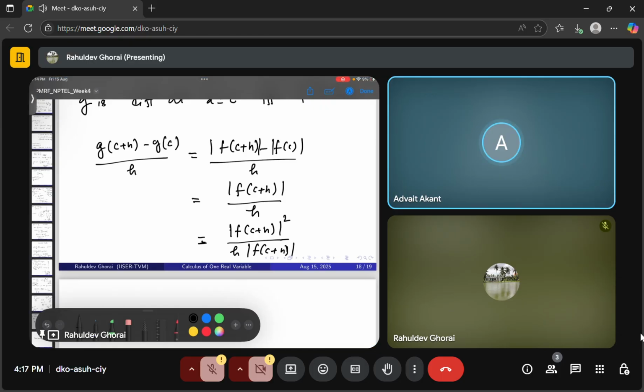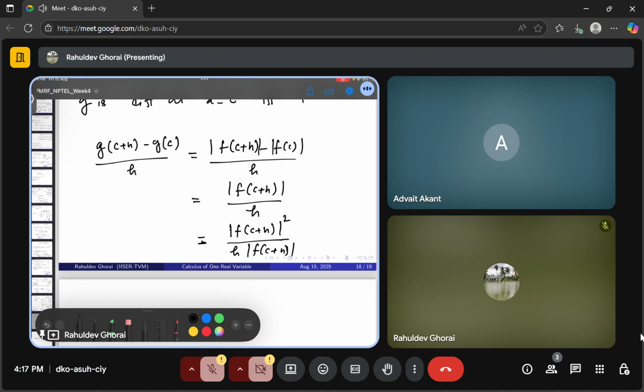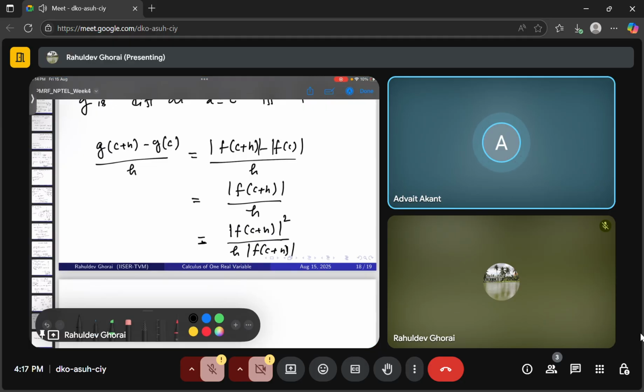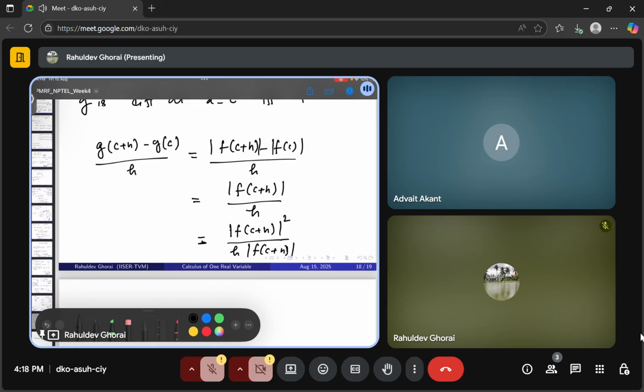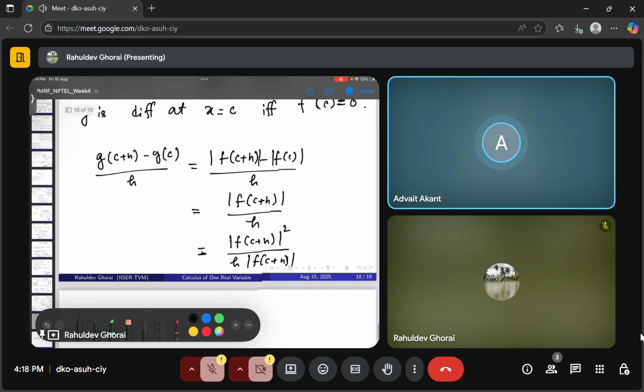So mod x square is just x square, so f of c plus h whole square. Write one f of c plus h as f of c plus h minus 0, which is f of c.